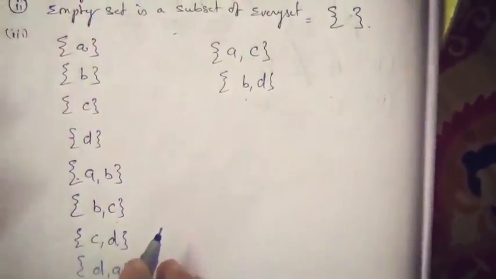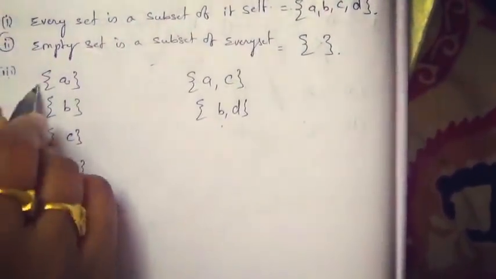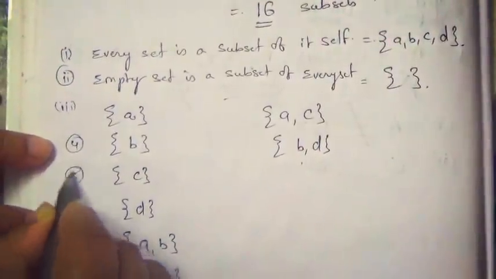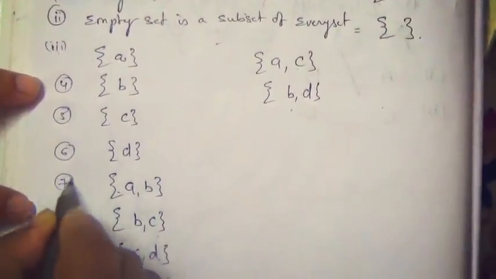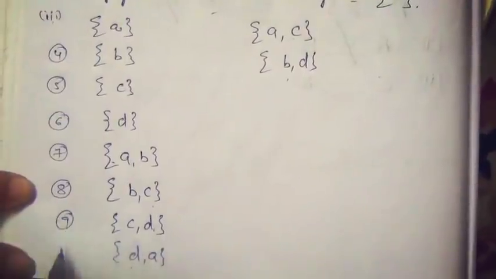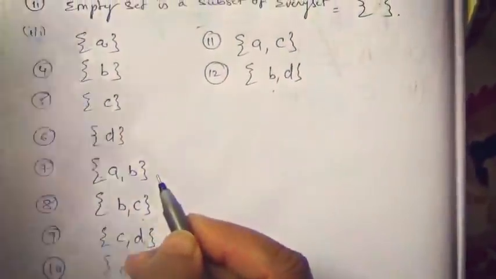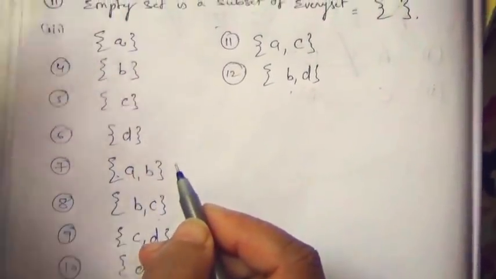Double elements completed. Now how many have we completed? 3, 4, 5, 6, 7, 8, 9, 10, 11, 12. 12 subsets already completed, right?